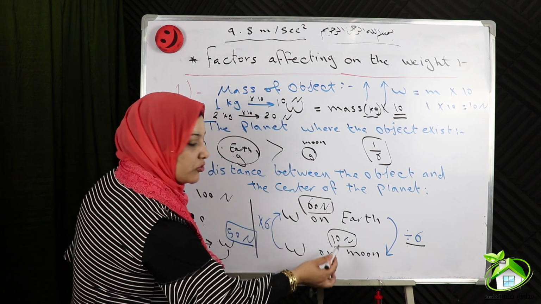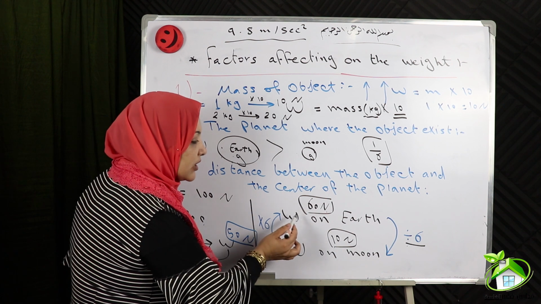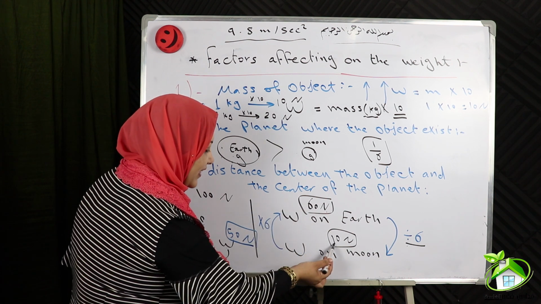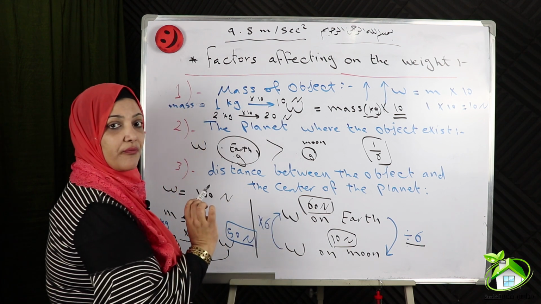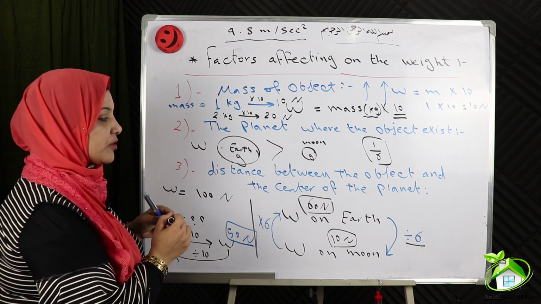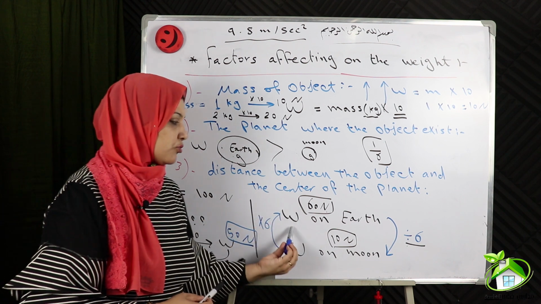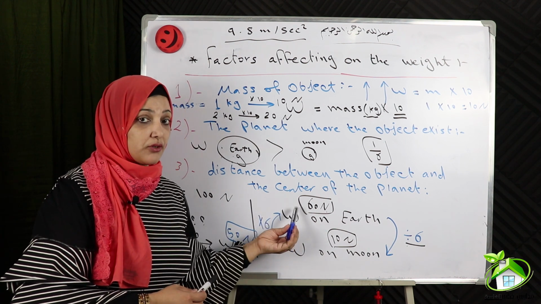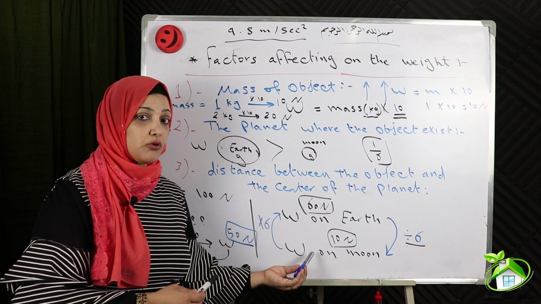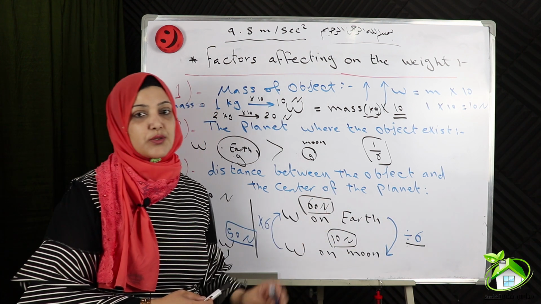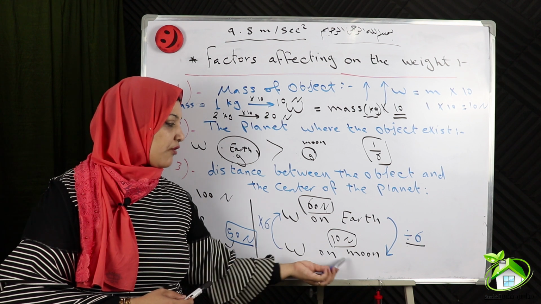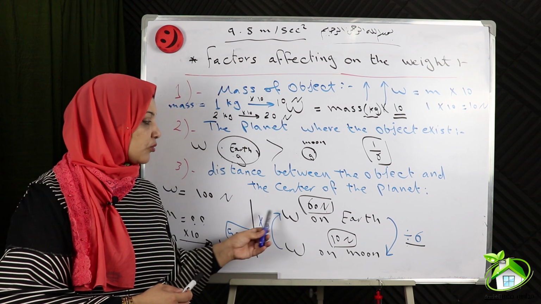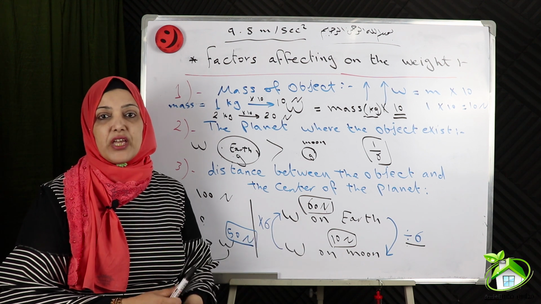If we have weight on moon 10 نيوتن, to calculate weight on earth اعمل times 6، يبقى 10 times 6 equal 60. تاني relation ما بين weight on earth وweight on moon: لو معايا weight on earth and we need weight on moon هعمل divide by 6. If we have weight on moon, times 6 to produce weight on earth.